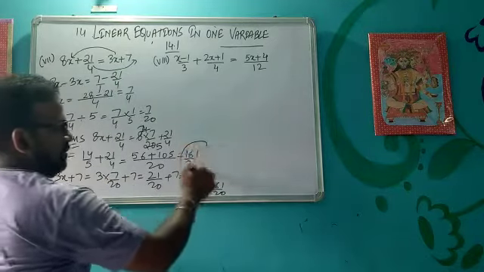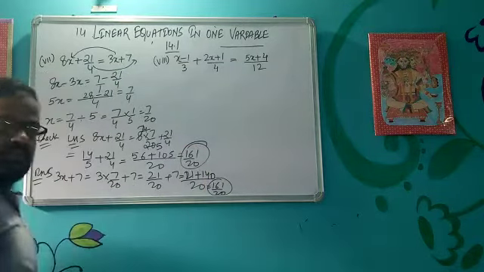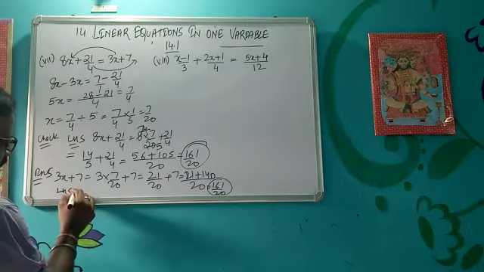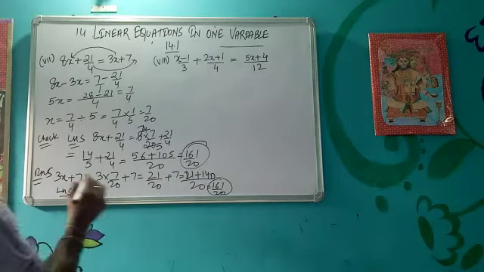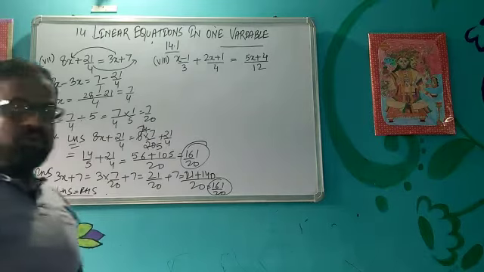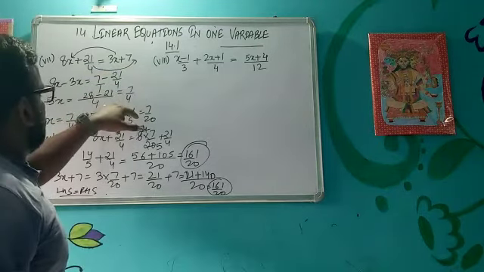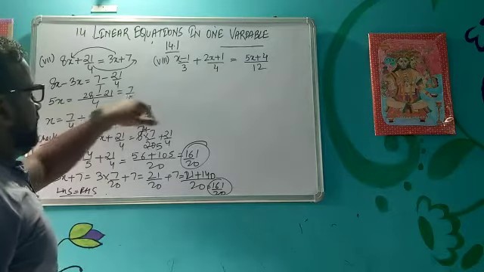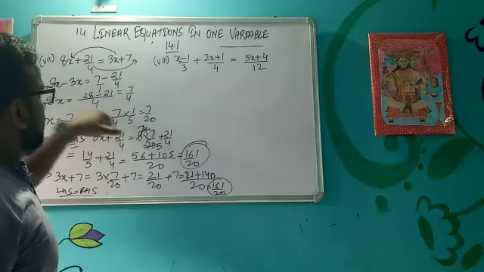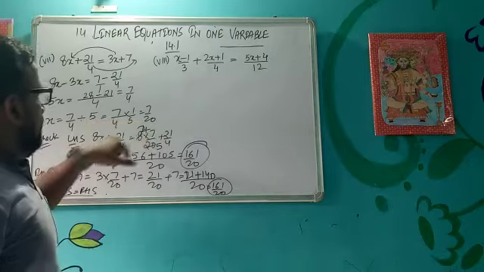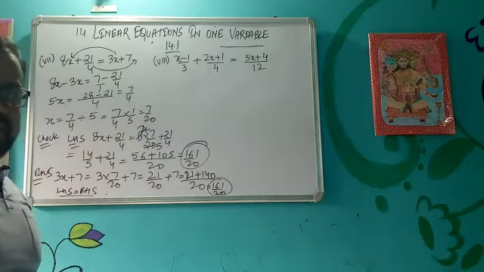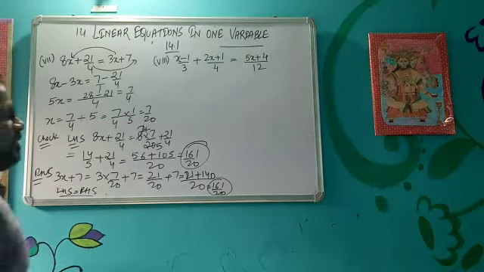So LHS is 161, RHS is 161, so we can say that LHS equal to RHS. So same method we have used, all the constants on one side, all the variables on one side. Afterward this 5 will come here, it is in multiplication, here it becomes division. Then we have checked by taking the LHS and RHS respectively.